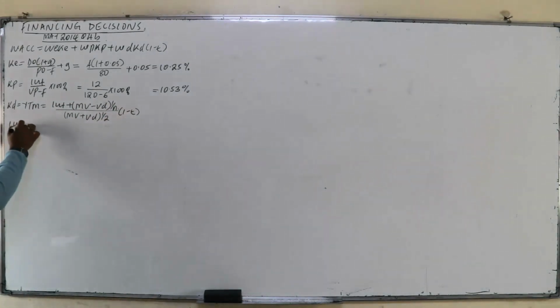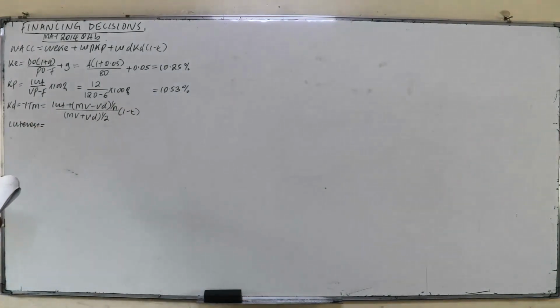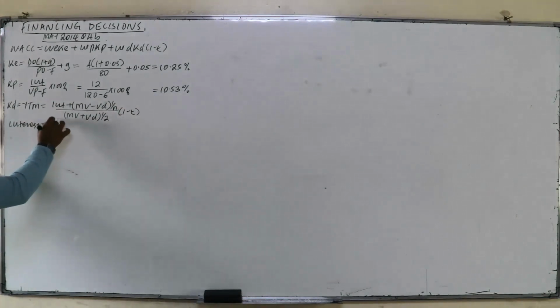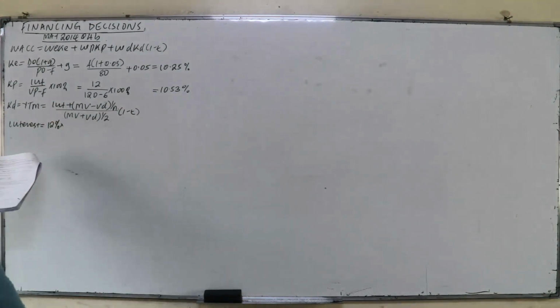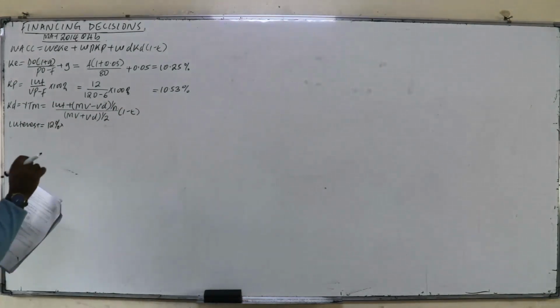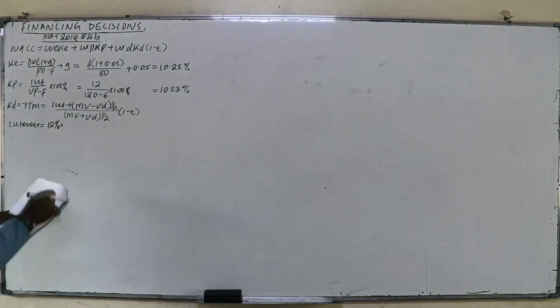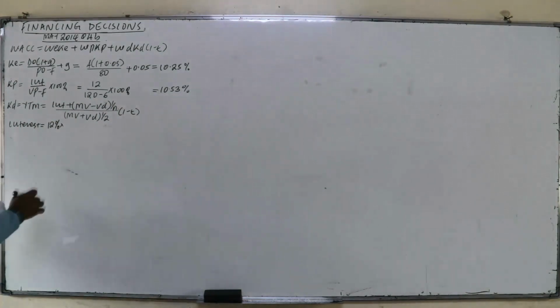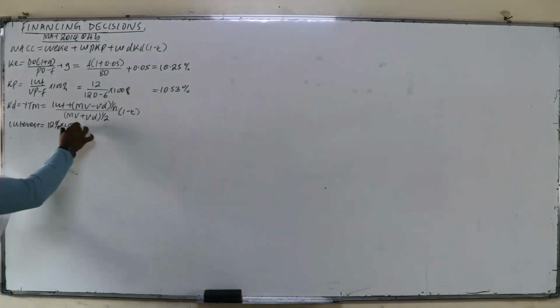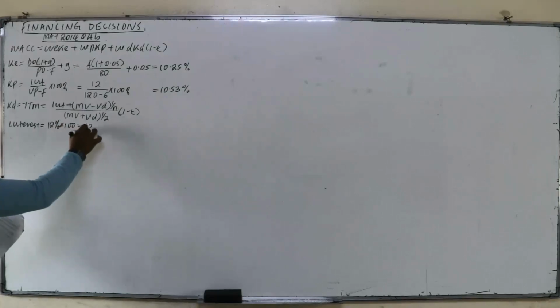We need to get the interest. In number 7, the company will sell a 12% debenture, so it will take 12% of the par value. A 12% debenture with a maturity of 10 years at 90 per debenture. Now that 90 is what you call VD, the value of the debt. The par value of the debenture is 100, so it's 12 over 100 times 100, which is 12.